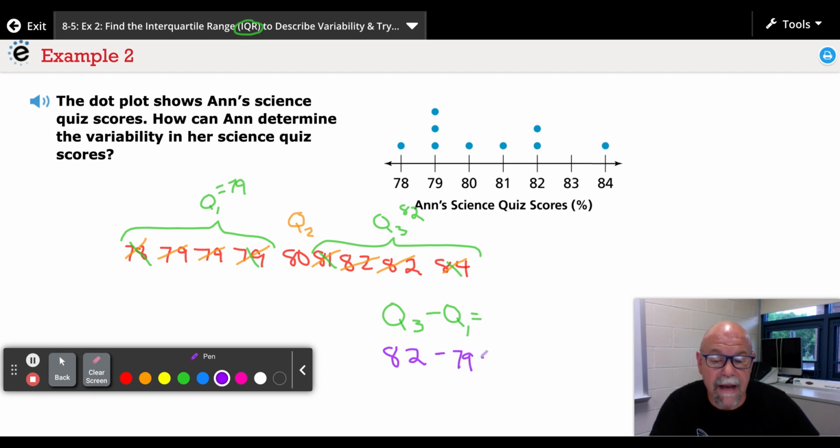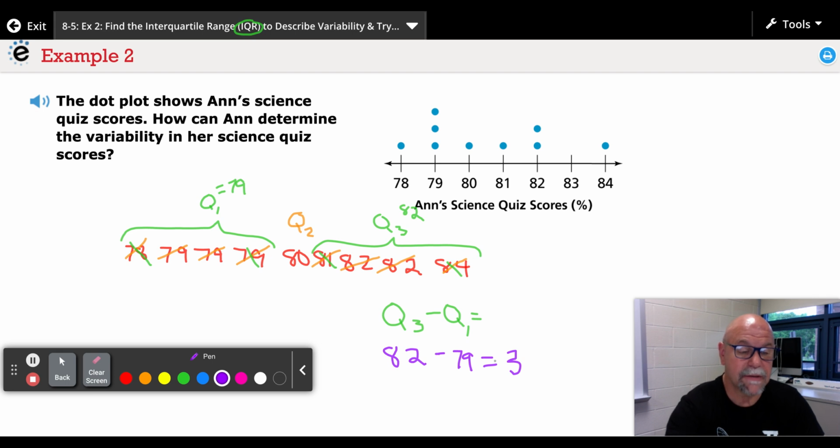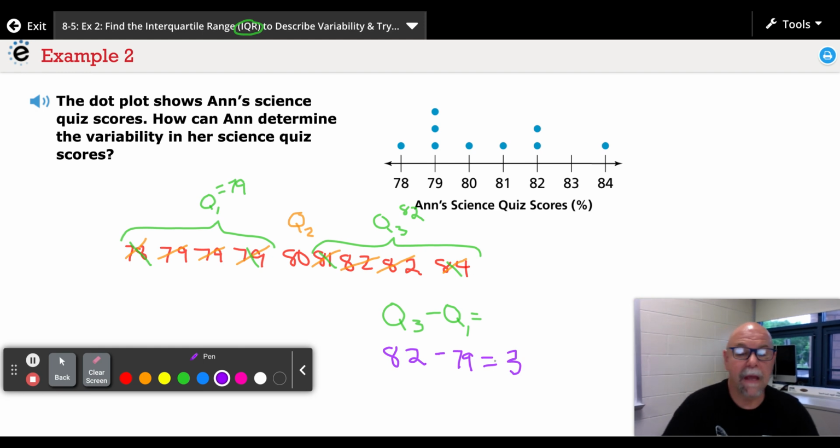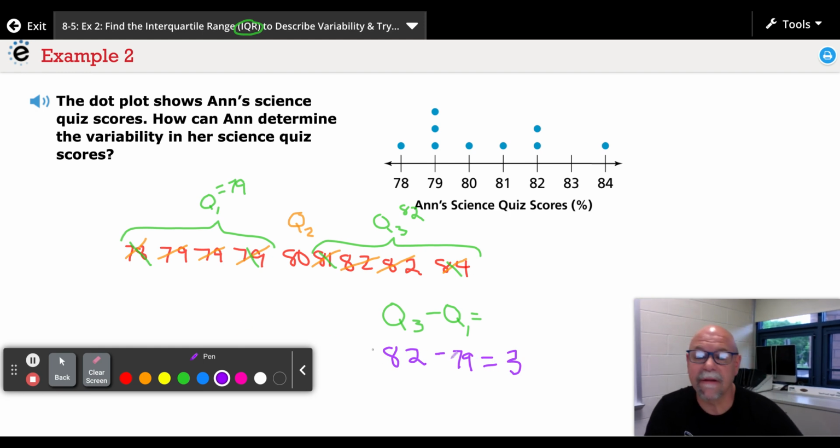So that gives us an IQR of 3, right? So that kind of gives you a sense of the variability in her scores. So her quiz scores, as it turns out, did not change very much, is what that tells us. All right, so the IQR is 3.